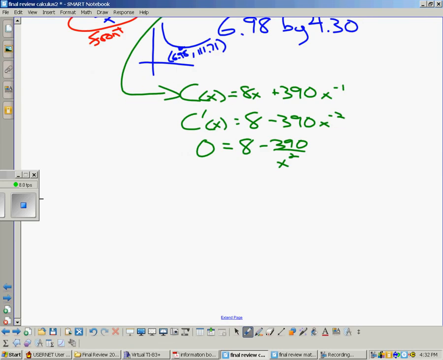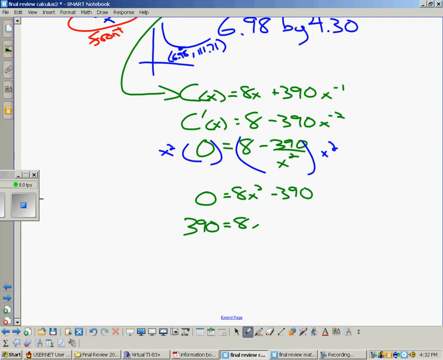Okay, I don't like that x squared in the bottom, so I'm just going to multiply both sides by x squared. That's going to give me 0 equals 8x squared minus 390. Equals 8x squared. Divide them up. You get 390 over 8.